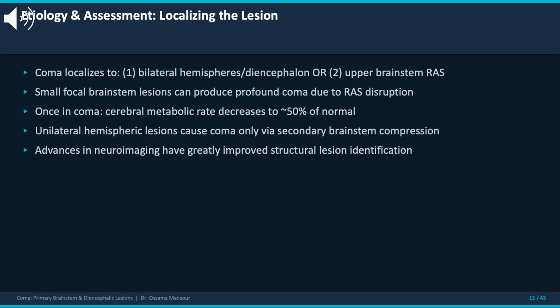Importantly, unilateral hemispheric lesions, no matter how large, typically do not cause coma unless there is secondary compression of the brainstem or contralateral hemisphere. With advances in neuroimaging, structural lesions causing coma have become much more easily and rapidly diagnosed.